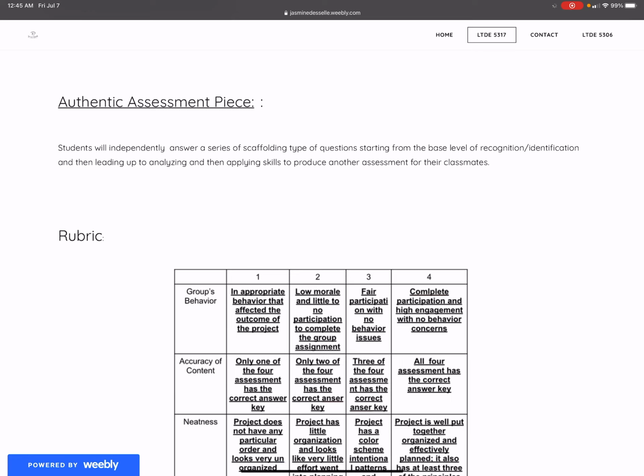In the end, the students are applying. It takes much higher level thinking. They are actually coming up with the assessments for their classmates.